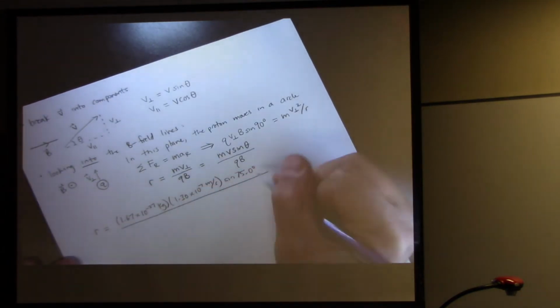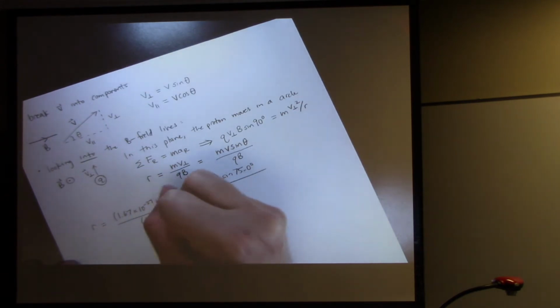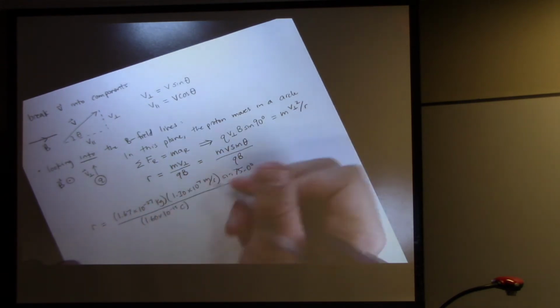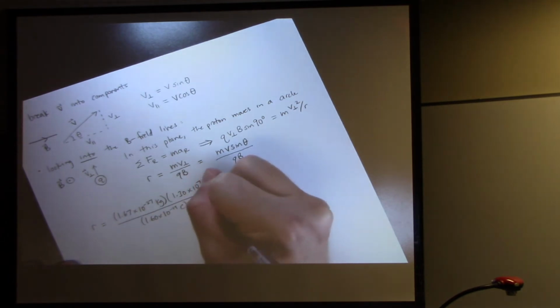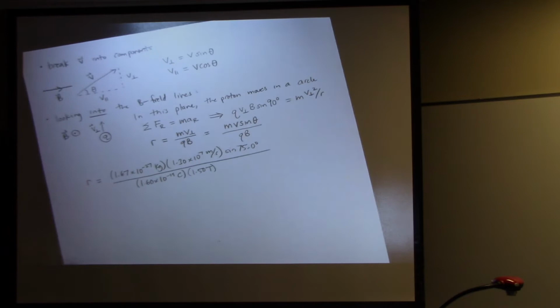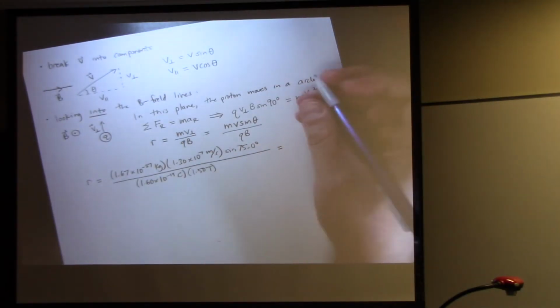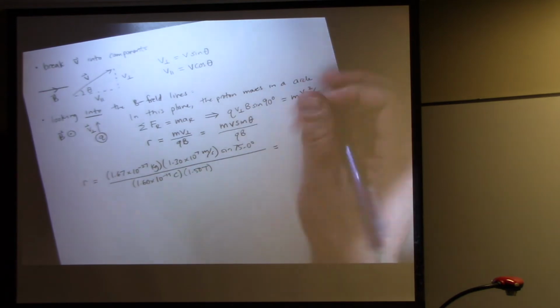Divide out q times B. Q is 1.60 times 10 to the minus 19 coulombs. B is 1.50 Tesla. Again, the units are kind of messy here. You can do the analysis to show that this works out in meters. I'm going to skip over that for now and just do the result.